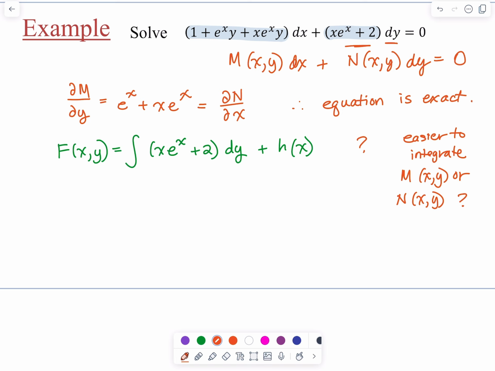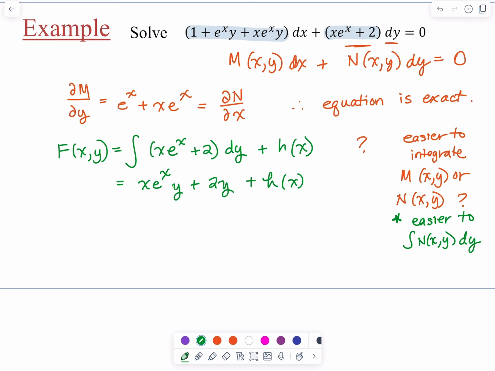And that's why we choose. In this case, it's much easier to integrate N with respect to y. Okay, so let's do that. So now when we find this integral, we have x e to the xy plus 2y plus h(x).